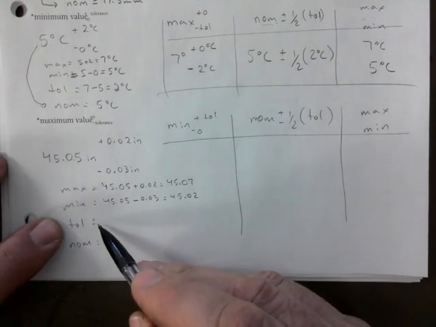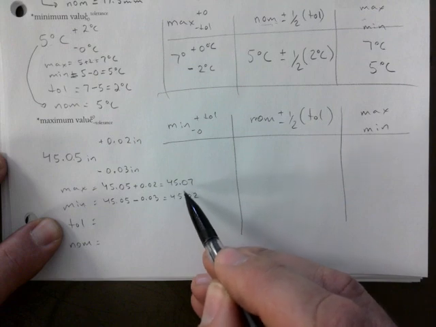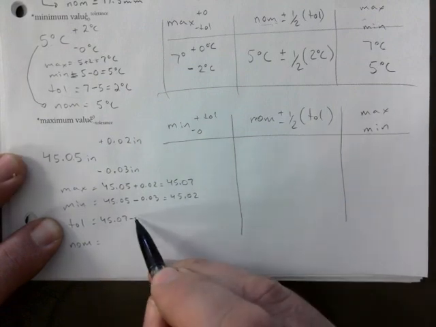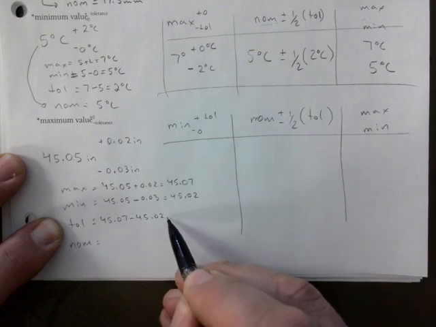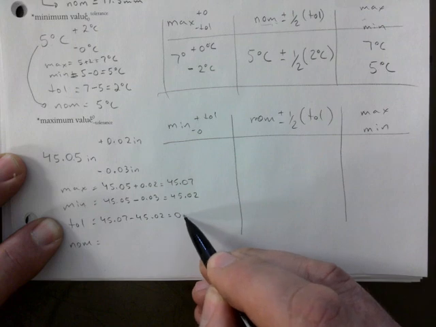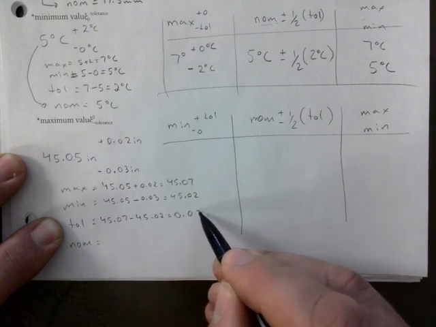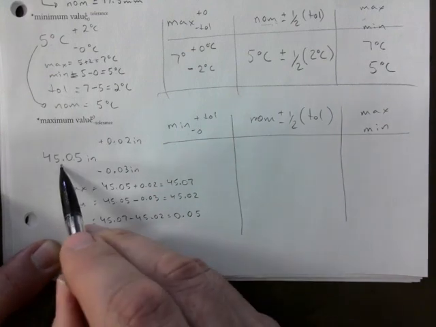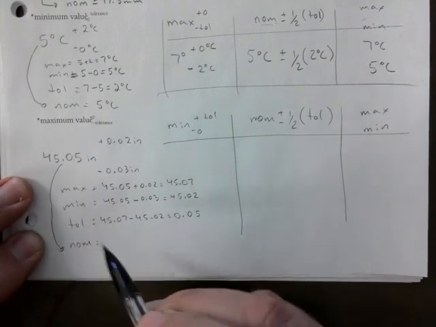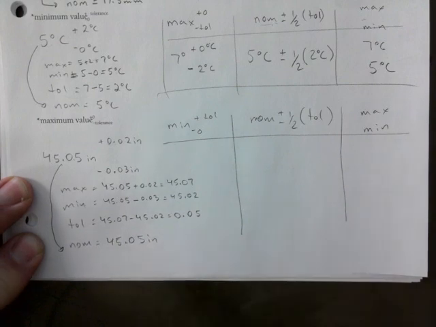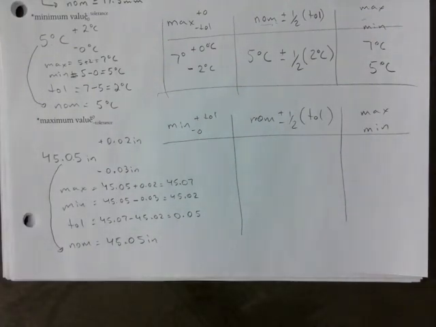How would I find the tolerance? It's the difference between these two. And that is 0.05. And what's the nominal? Right here, 45.05 inches. And I kind of ran out of room.